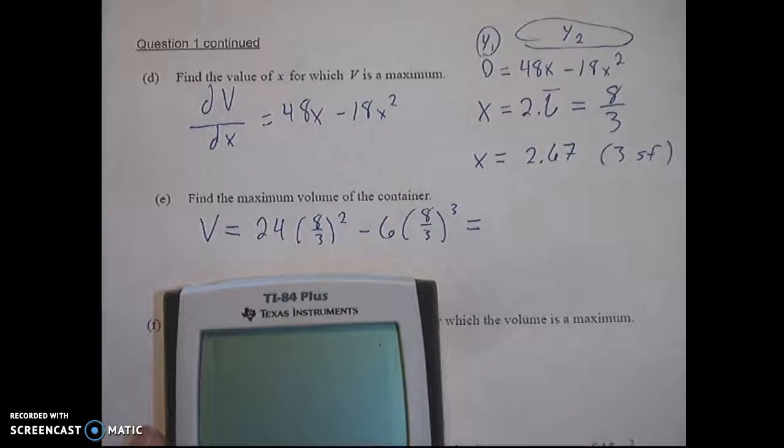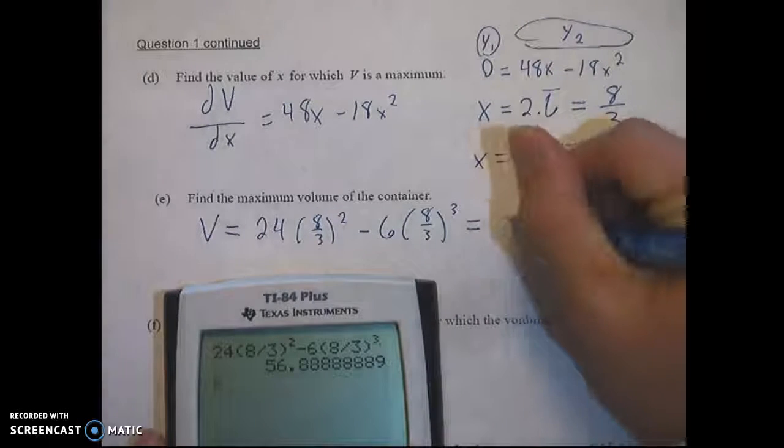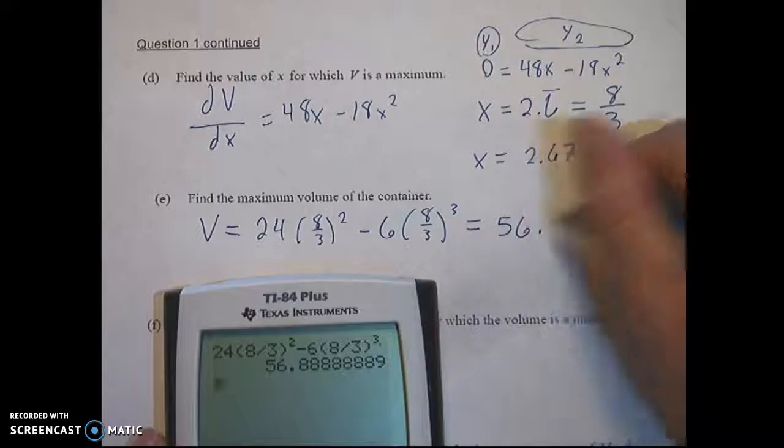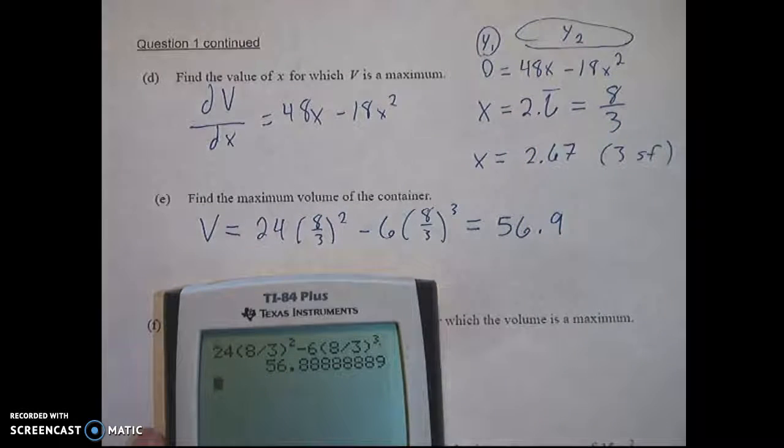So that maximum volume is going to be 24 times 8 over 3 squared minus 6 times 8 over 3 cubed, which is just math 3. And so to 3 significant figures, that's 56.9 meters cubed for the maximum volume.